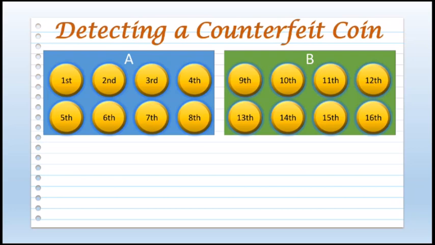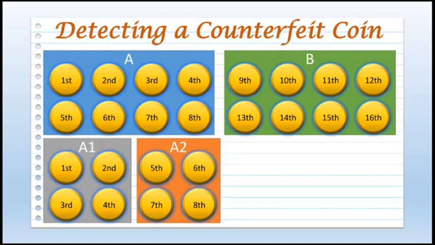If both sets have the same weight, then there is no counterfeit coin. Suppose we consider that in set A there is one counterfeit coin. That means set A has lesser weight than B.